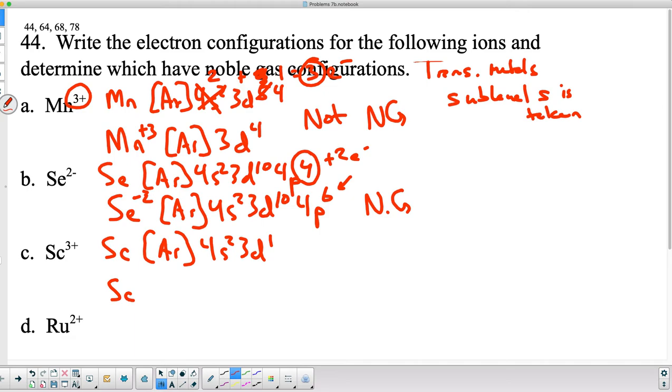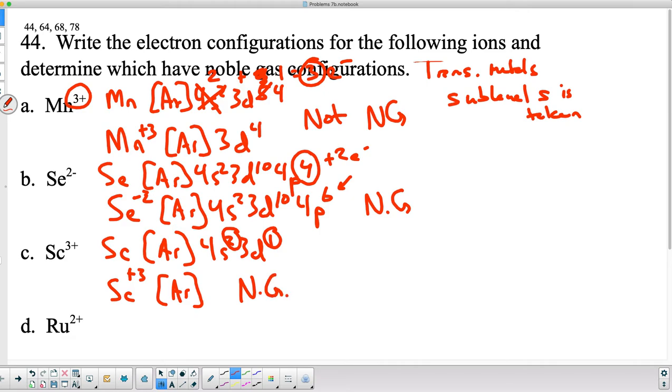Scandium with a +3 means I'm ripping away 3 electrons. Well, isn't that nice, because I have 2 and a 1 here, which means I'm going to end up with argon and nothing after that, because I've taken off the only 3 electrons outside of argon, which means this is a noble gas configuration.